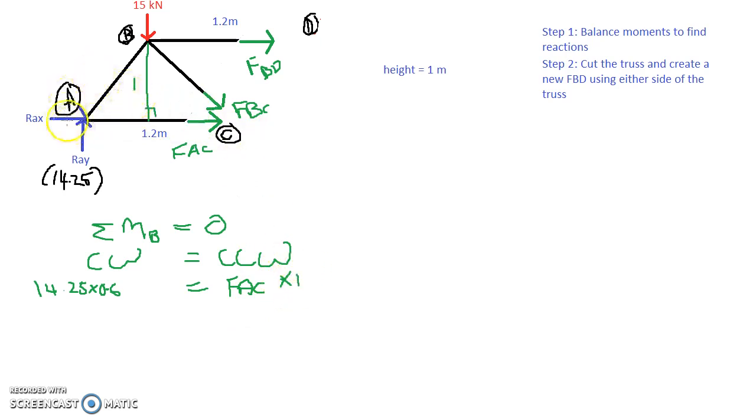Now, some of you might be thinking, what about RAX? Now, you'd be right. If this had a value, then we would have to include it. But I know it doesn't have a value because before we broke anything up, when we're looking at this from the macro scale, there were no horizontal forces acting on this thing at all. The only thing that could act horizontally was RAX, so it's got to be 0.